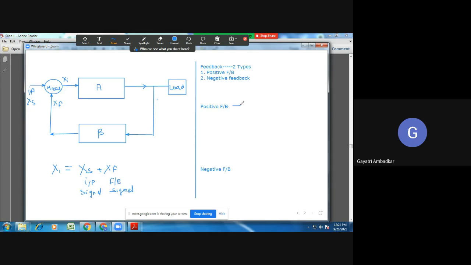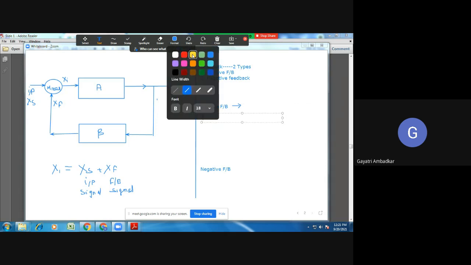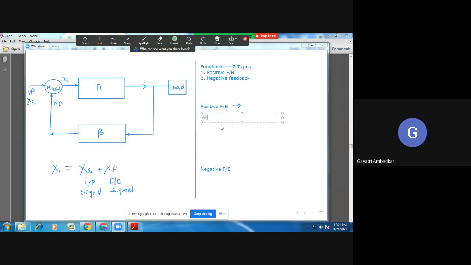What is the definition of positive feedback? When the input signal and the feedback signal are in phase. You understand what is in phase and what is out of phase.